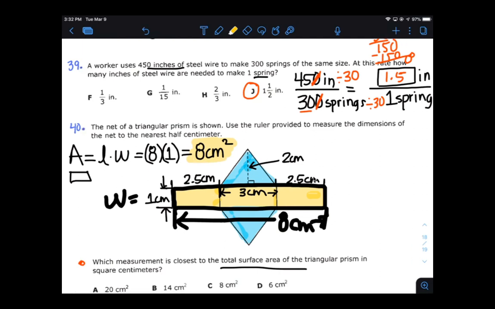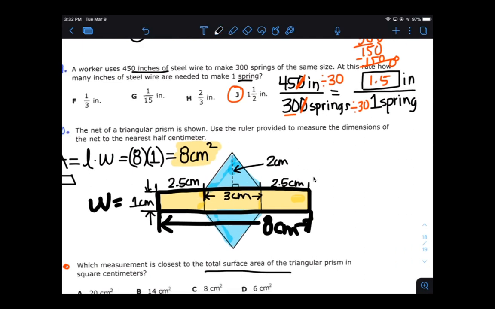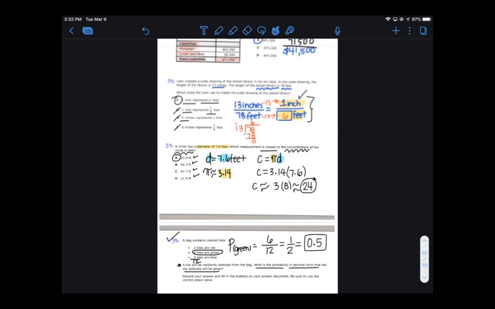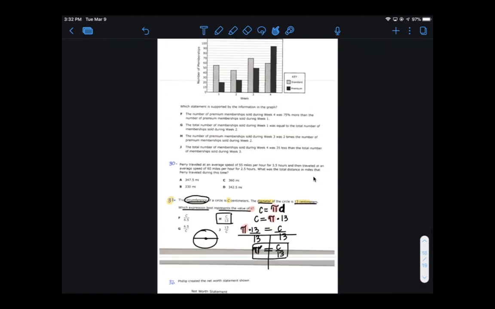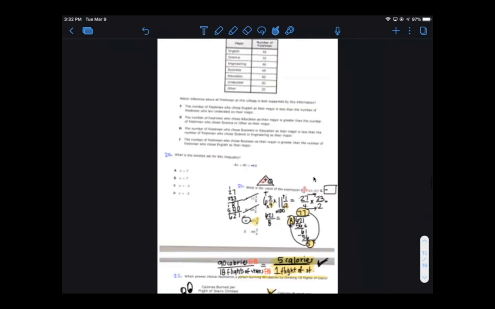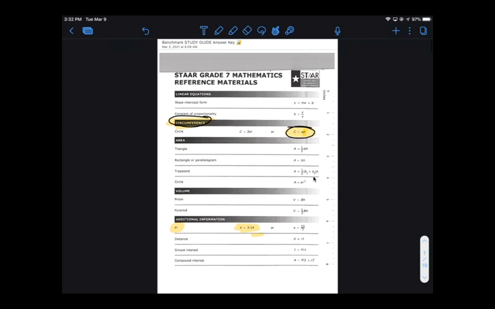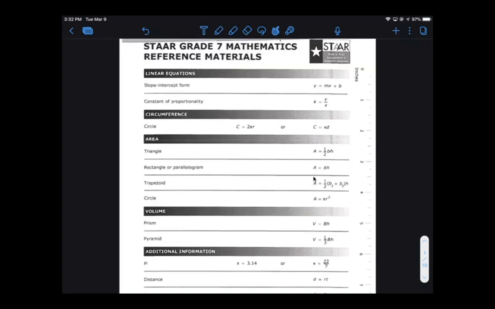Now I need to find the area of a triangle. You can get that in your reference materials, and I'm going to scroll all the way up so you can see it. We're going to spend a day going over areas of triangles. But here, let me just erase this, we don't need it at this moment.